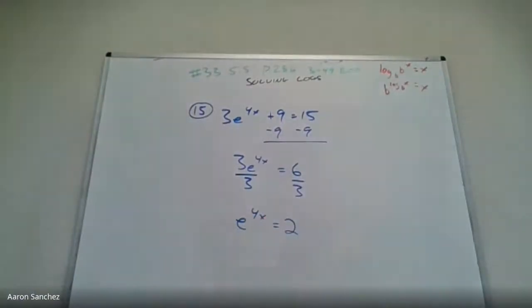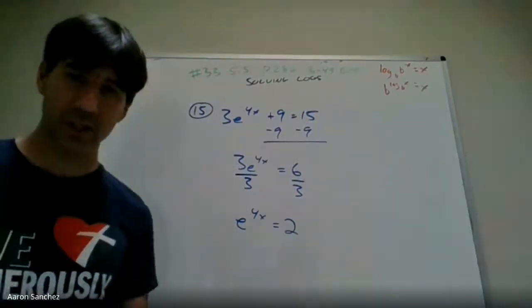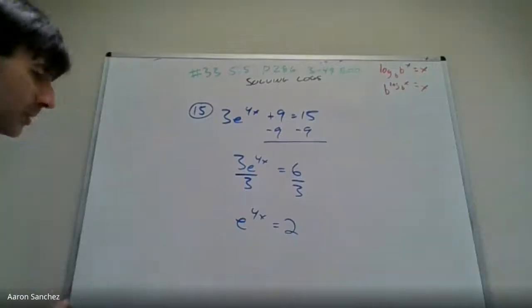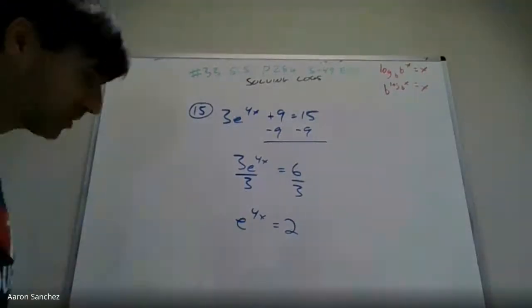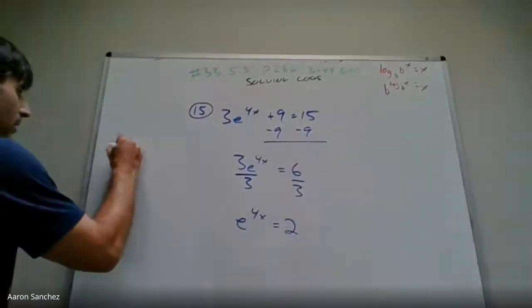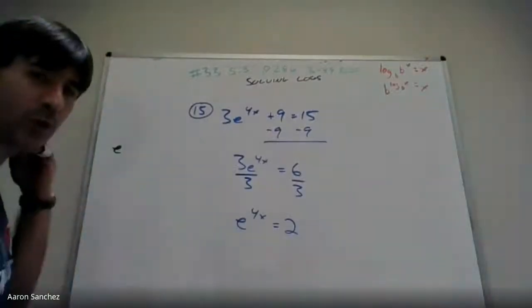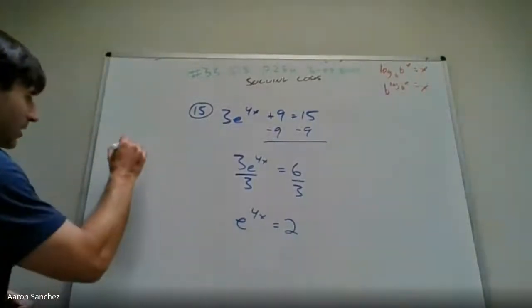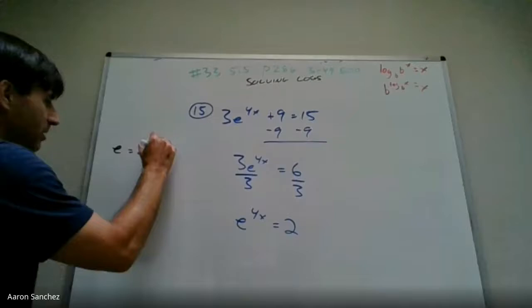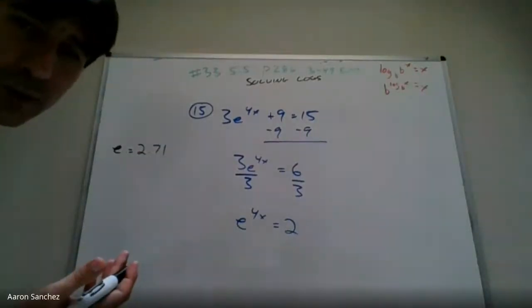Now it looks a lot better, except this darn e here. Remember, e is a number. Let me write a couple of things over here on the side. I'm going to show you 4 different things that you need to know in order to solve this. Number 1, you don't really need to know this, but it's nice to know: e is equal to 2.71. It's just a number, like pi is 3.14.